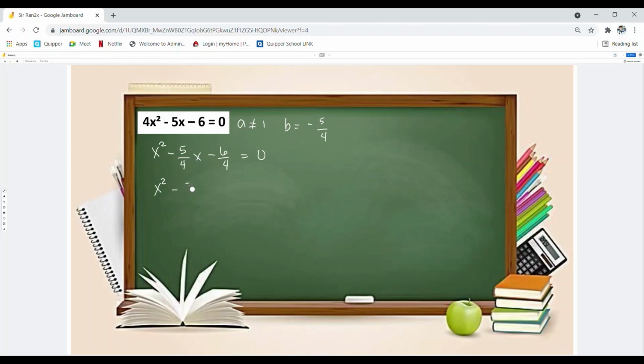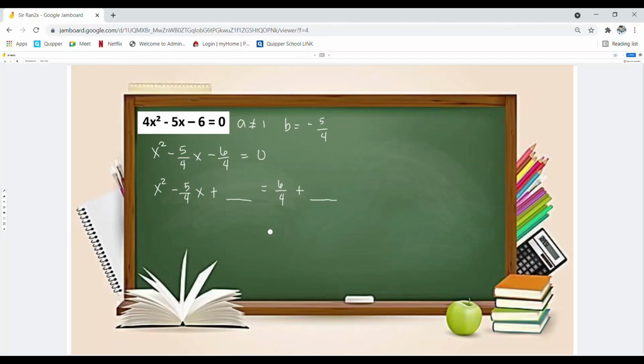So you have 5/4 x, and then we have a blank here for the third term, and then we transpose negative 6 over 4. That's a positive 6 over 4 on the other side. Then whatever you add here is what you add on the other side.